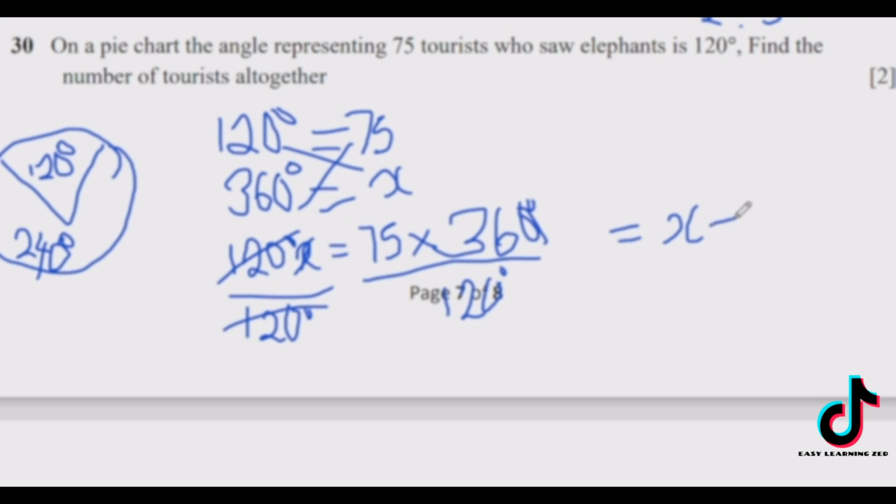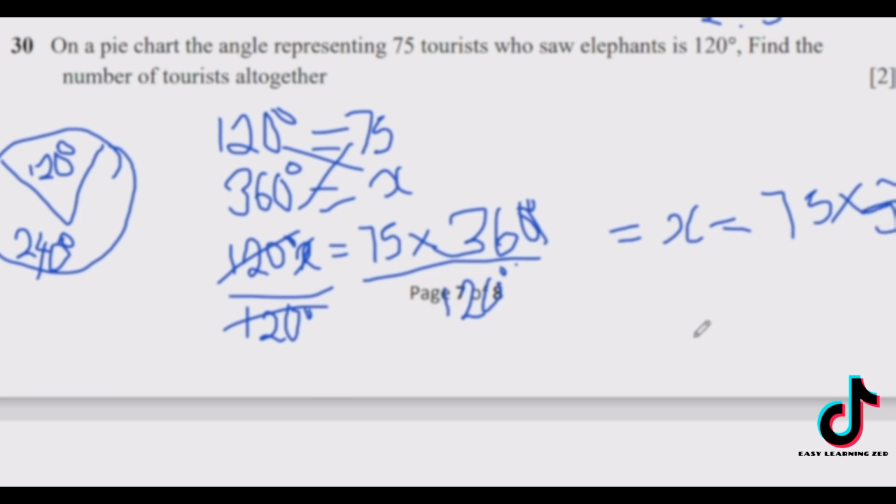Then we write equal to 75 first, then we divide the 360 degrees by 120 degrees, which gives us 3.